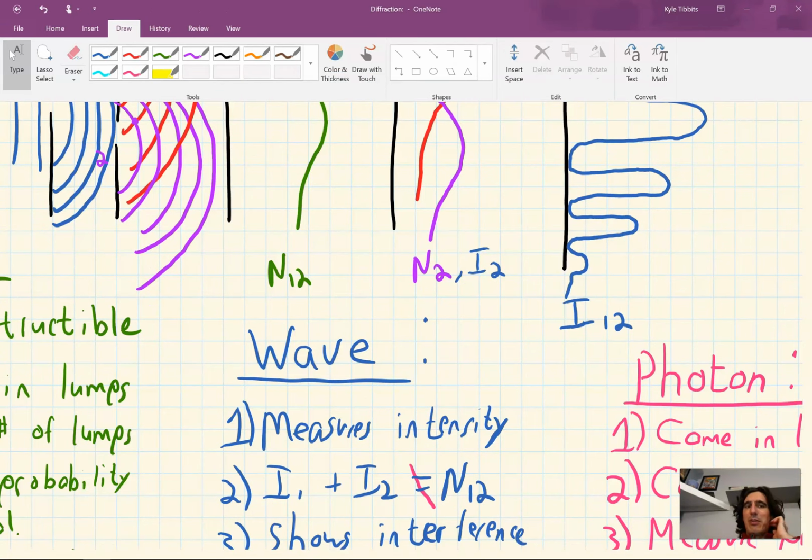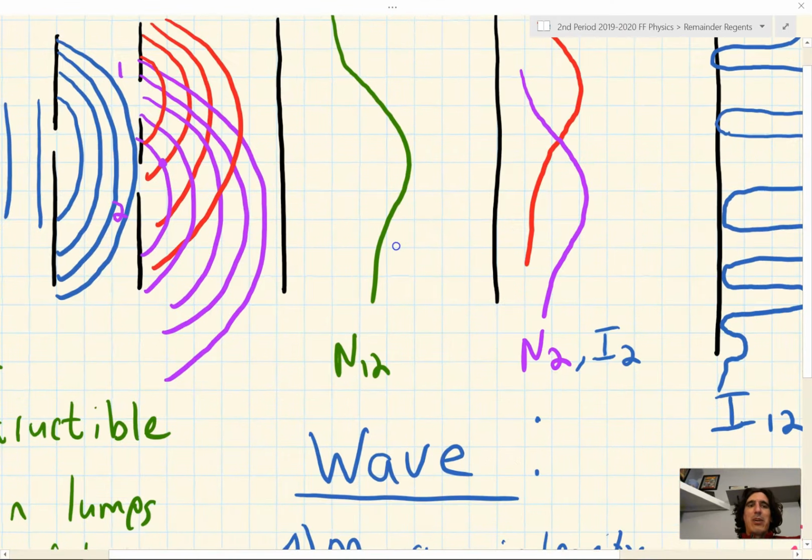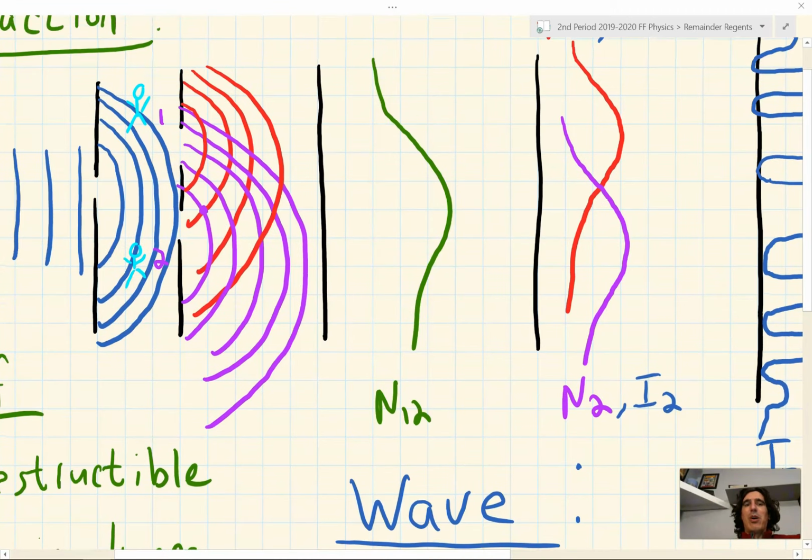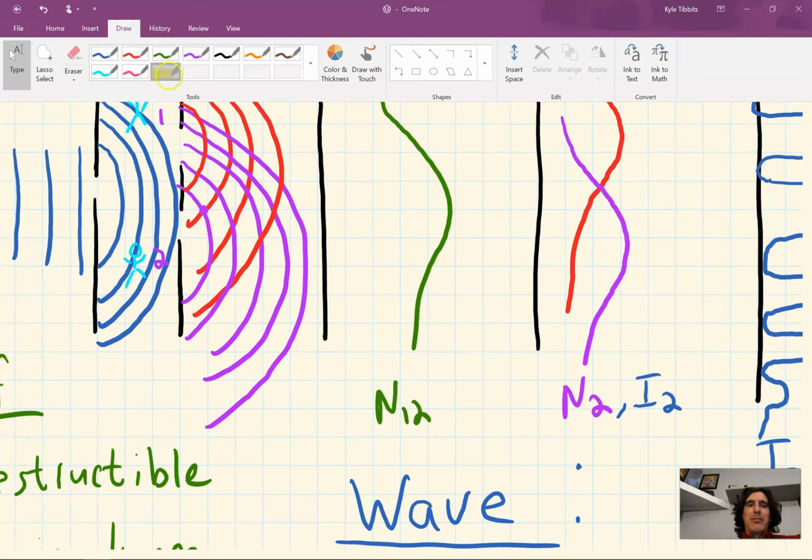Now we know that the photon has to go through hole 1 or hole 2. So what we're going to do is shrink us, and we're going to have somebody stand by hole number 1, and somebody stand by hole number 2, and they're going to observe, if we shoot 1 photon at a time, what hole that photon went through.